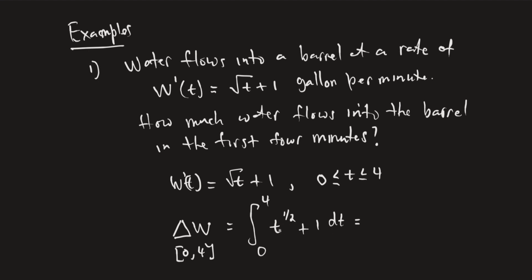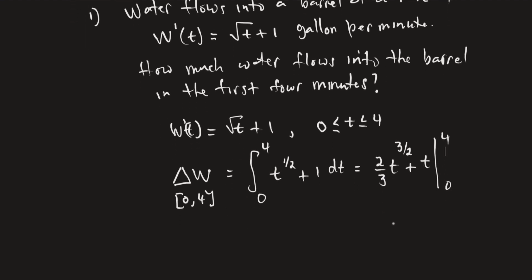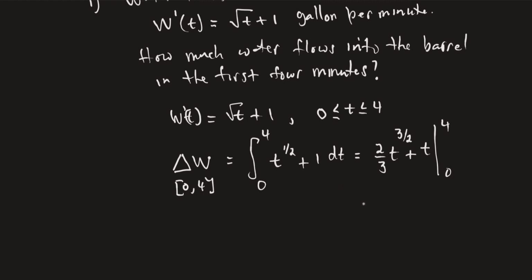So let's see what we have. This is 2/3 t to the 3/2 plus t, evaluated from 0 to 4. Right? So now we're going to do our fundamental theorem. So we have 2/3. When we plug 4 in, that will give us 8.